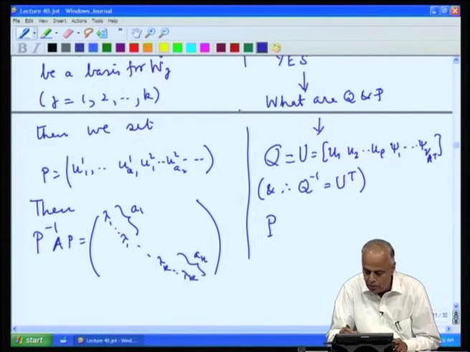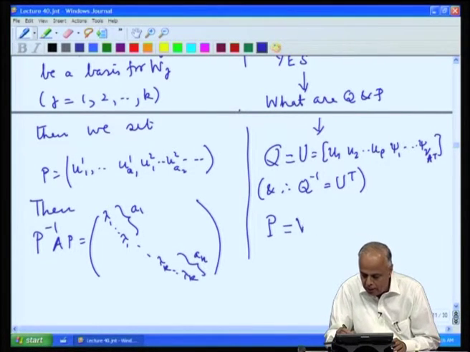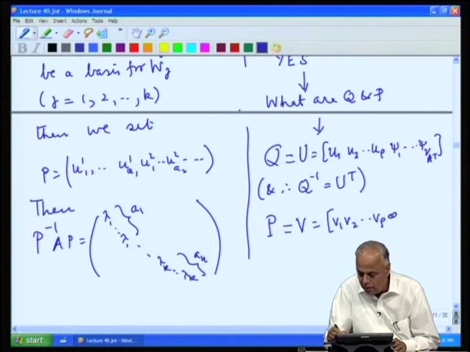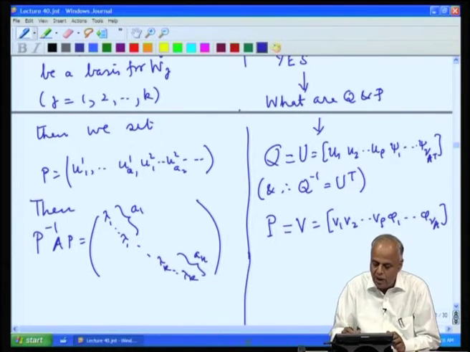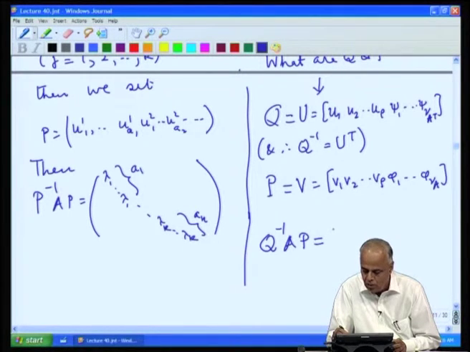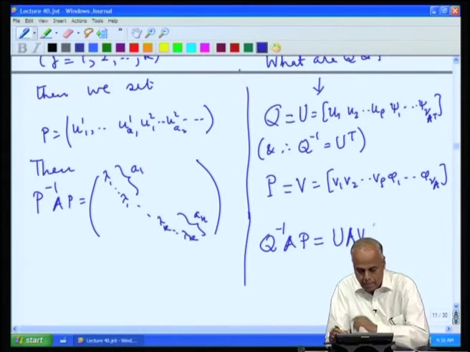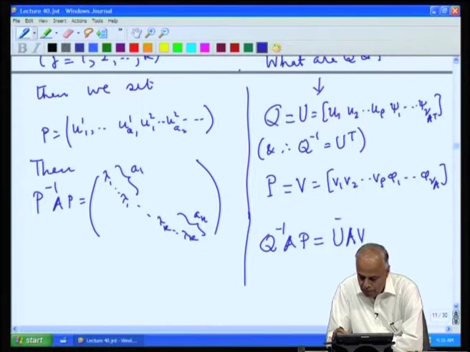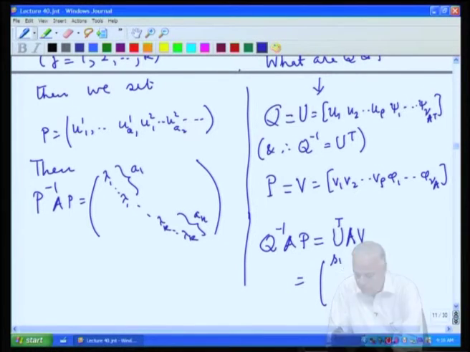You choose P to be the matrix V, which consists of V1, V2, ..., V rho, and then phi 1, phi 2, ..., phi nu A. This is again an n by n matrix, and then we have Q inverse A P, which is the same as U transpose A V, and this we got as the diagonal matrix with singular values S1, S2, ..., S rho, 0, 0, 0.